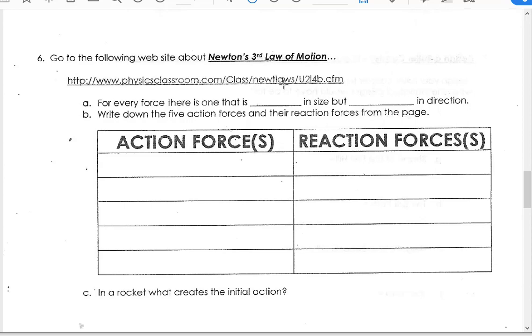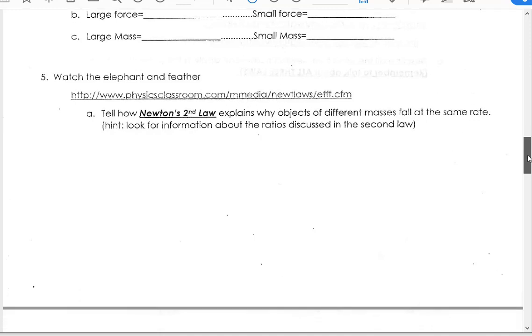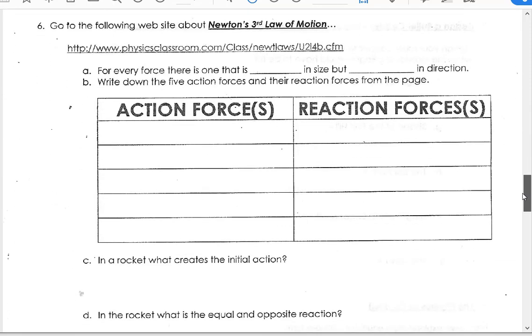If it has the Newton's laws part as part of the link, it's going to be part of the tutorial. The mmedia ones, let me scroll back there, that's where the animation one is. But again, you can just type that in and it'll take you exactly where you need to be. This one is for Newton's third law.